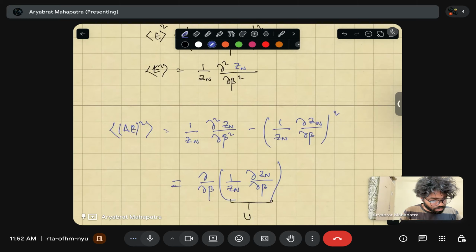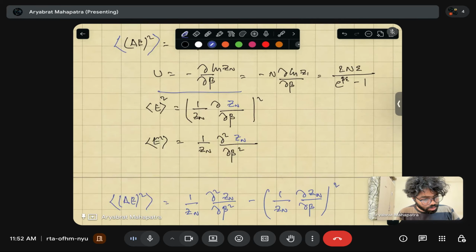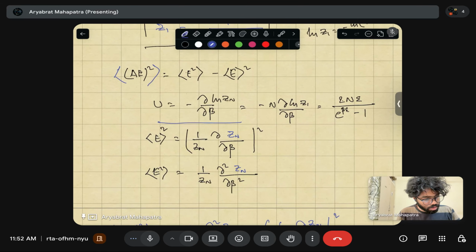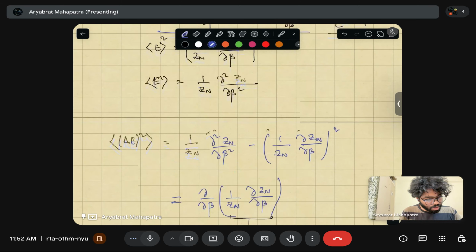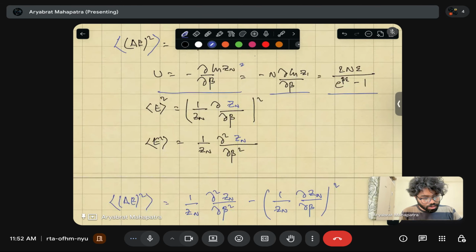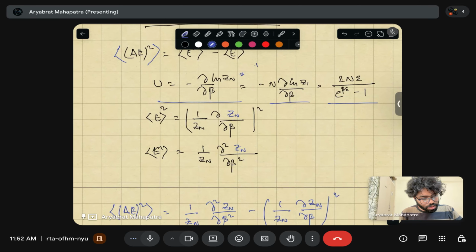This is also equal to 1 over Zn del Zn over del beta.